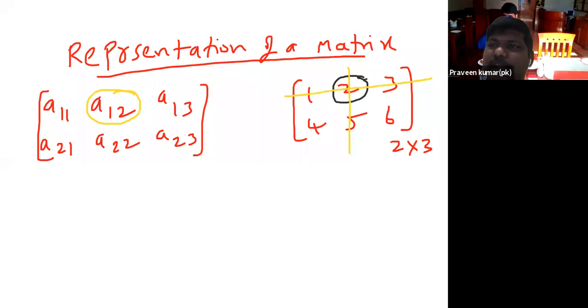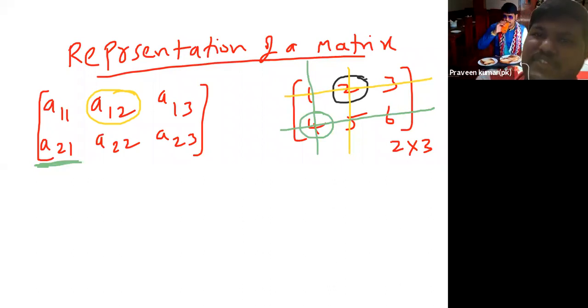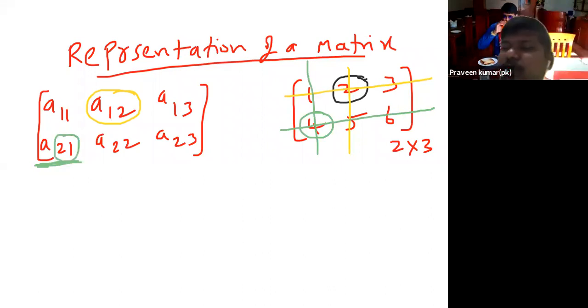Suppose we want this element, 4. 4 means what? Second row, first column, A21. This A21 is nothing but second row, first column element. A22 is second row, second column element. A23 is second row, third column element.